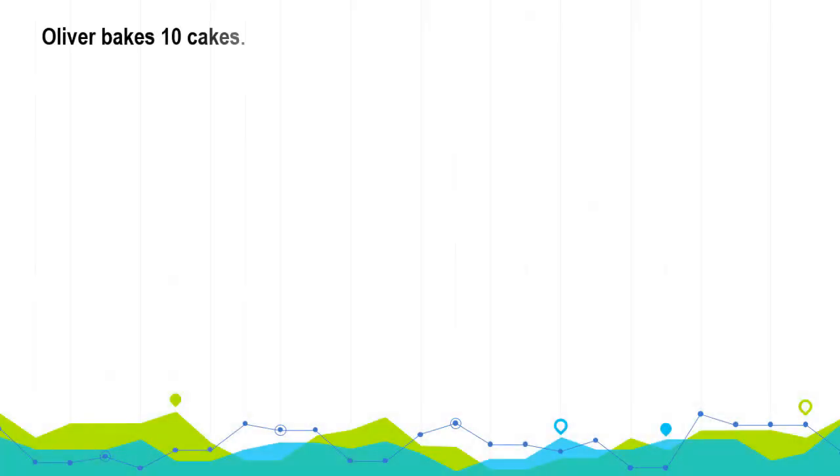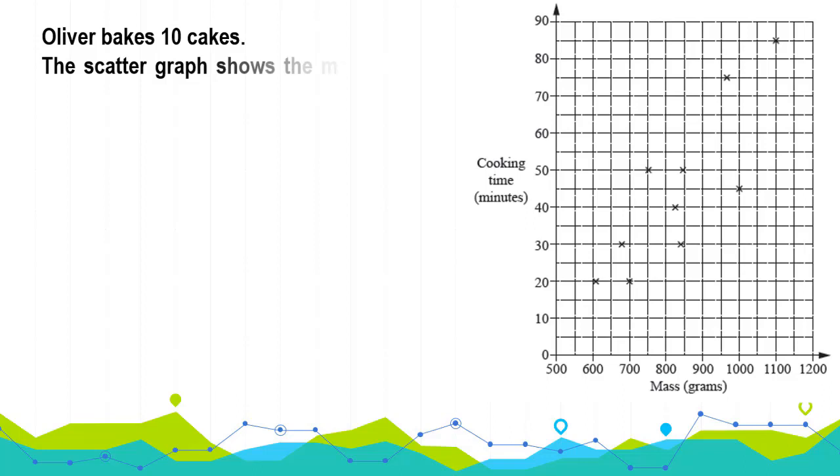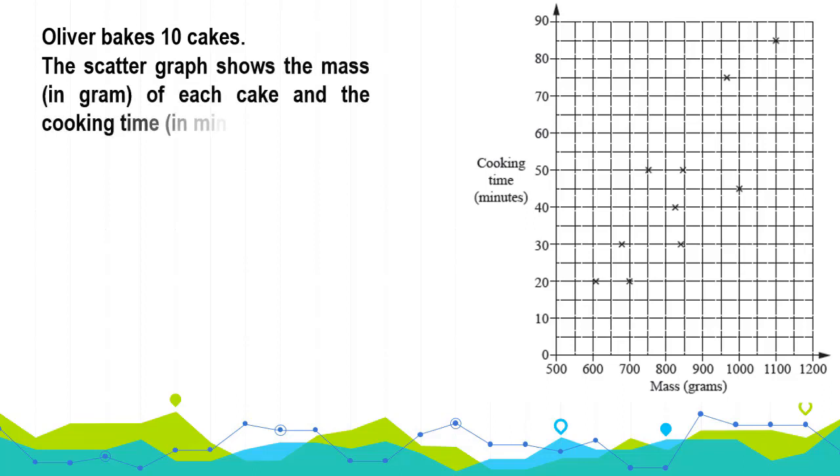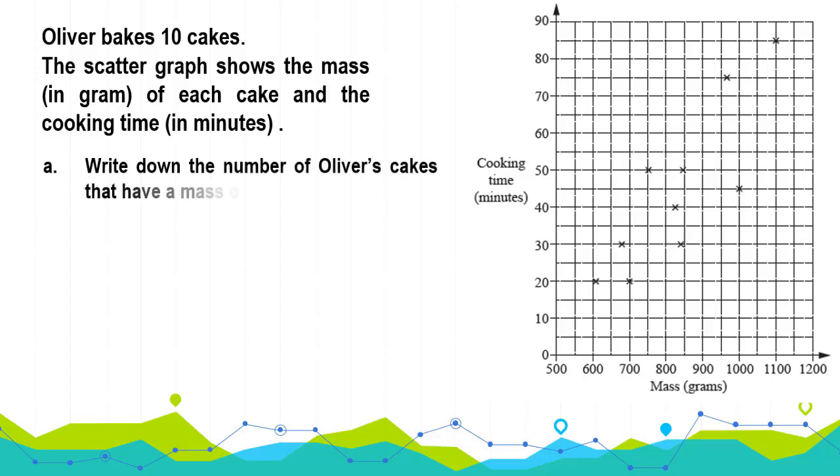Oliver bakes 10 cakes. The scatter graph shows the mass in grams of each cake and the cooking time in minutes. A. Write down the number of Oliver's cakes that have a mass of more than 800 grams.